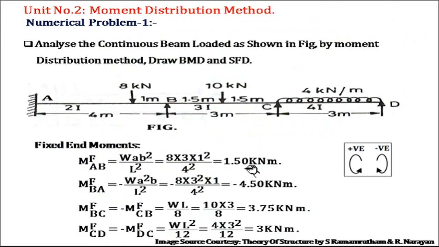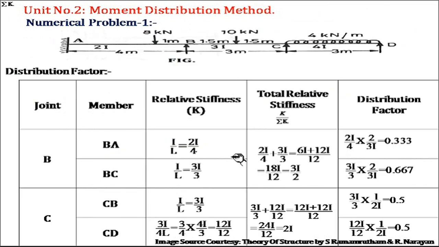So in the last videos, in video 1 and video 2, we have seen how to find out the fixed moment for different members of a continuous beam ABCD. Then we have found the distribution factor for members BA and BC for joint B. Then we have found the distribution factor for members CB and CD for joint C.